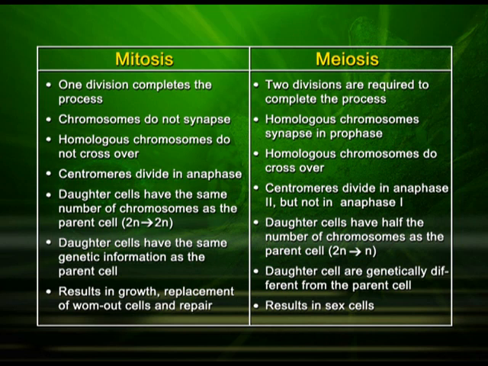In mitosis, daughter cells have the same genetic information as the parent, whereas in meiosis, daughter cells are genetically different from the parent cell. Mitosis results in growth and replacement of worn out cells and repair. Meiosis results in the formation of sex cells or gametes.